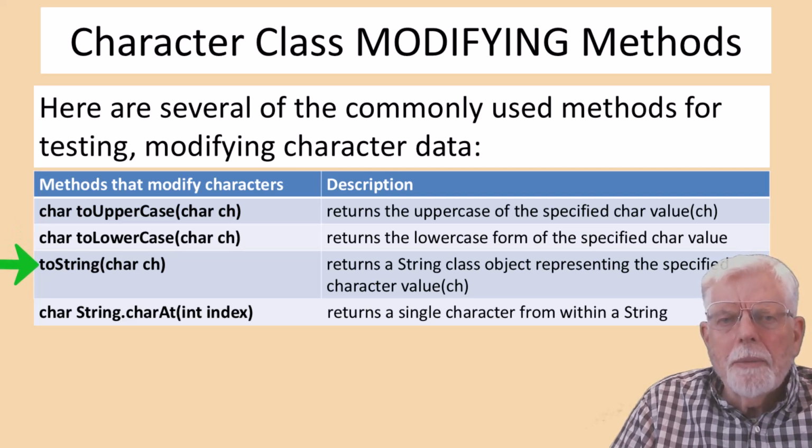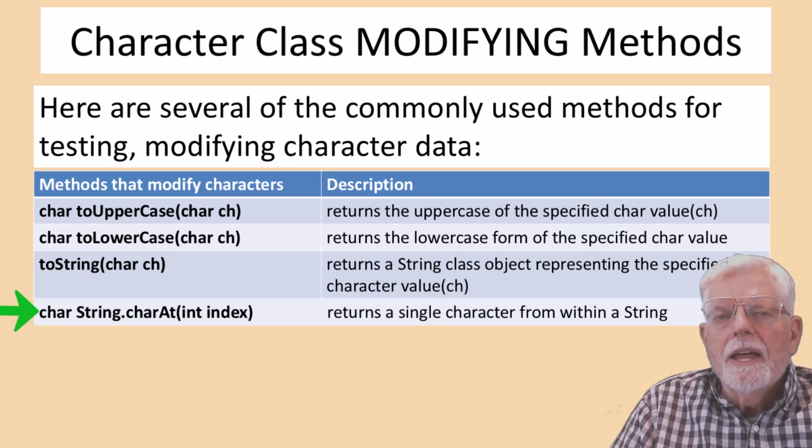The toString method creates a string with only one character in it, which is the character passed to the method. I also listed the charAt method, which is actually a method that belongs to the String class. It can be used to extract a single character from a string. The index starts at 0 for the first character in the string.